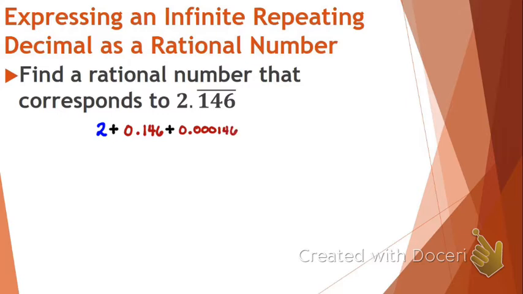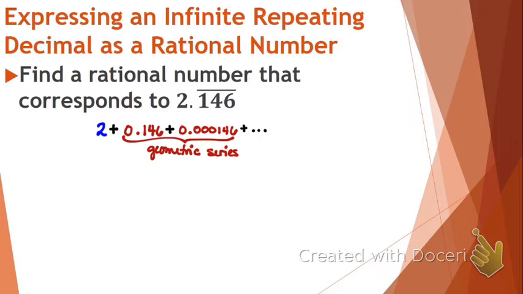And then it would just keep up with that pattern, right? So we have part of this that is geometric. That's this part right here. That is a geometric series. And then that 2 in the front is the non-repeating part. So we'll deal with that at the very end.